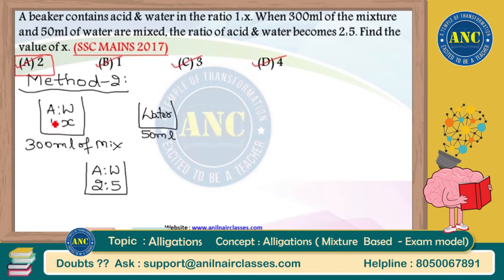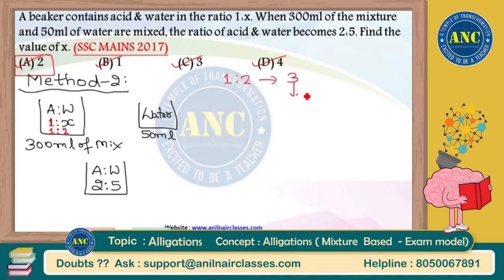Let me check it out. If I take the value of x to be 2, in the first ratio it becomes 1:2, right? What is the meaning of 1:2? The meaning of 1:2 is nothing but 1 ml of acid is present, 2 ml of water is present. 1 ml of acid, 2 ml of water, total mixture present is 1 plus 2, 3 ml.